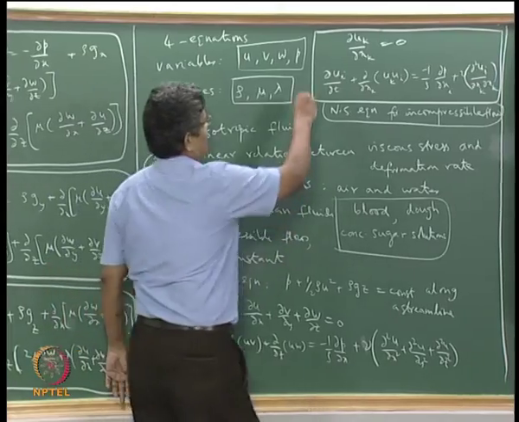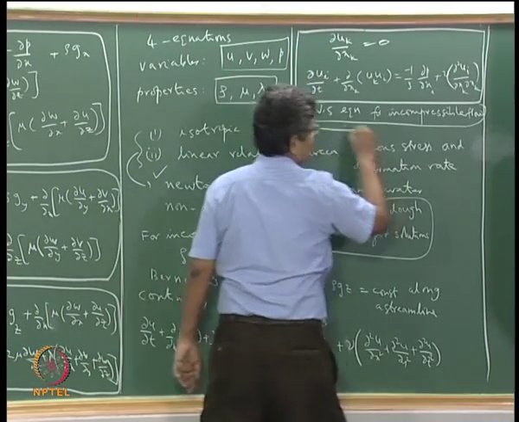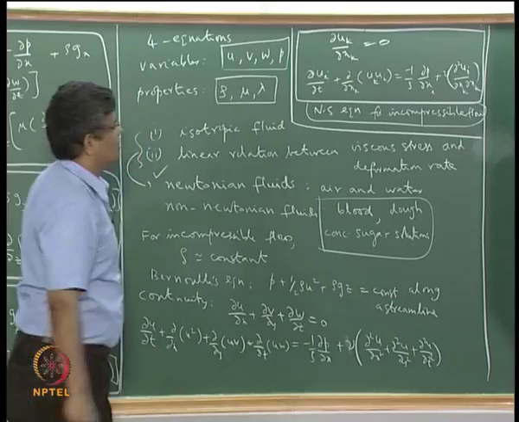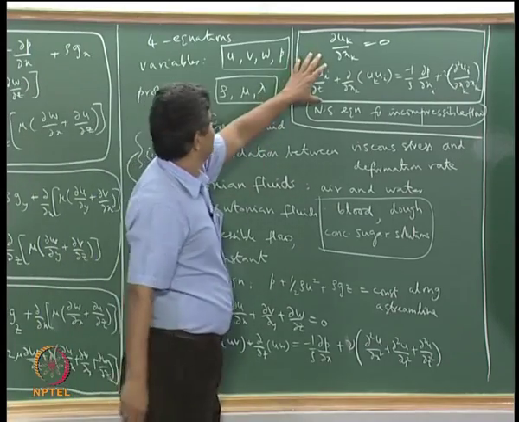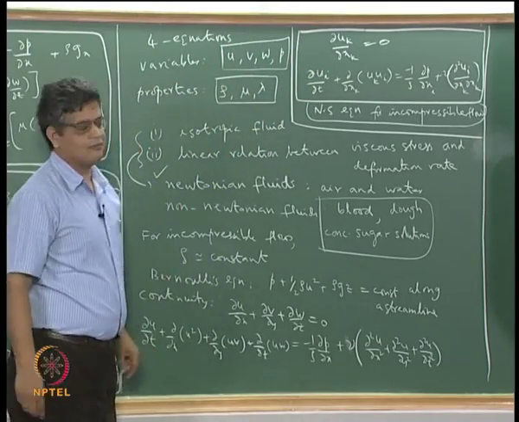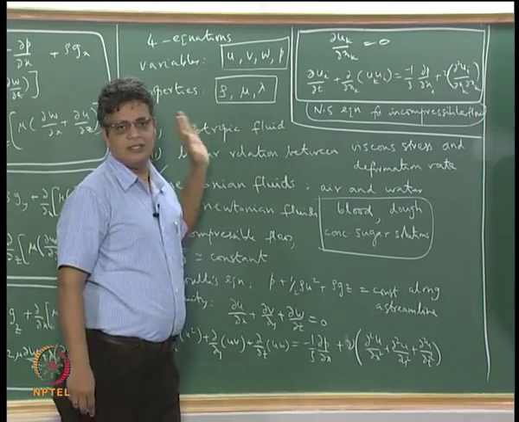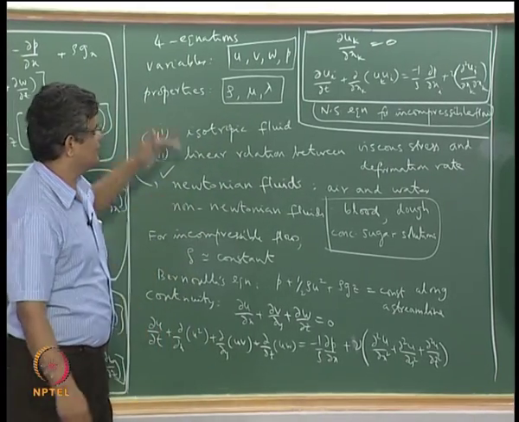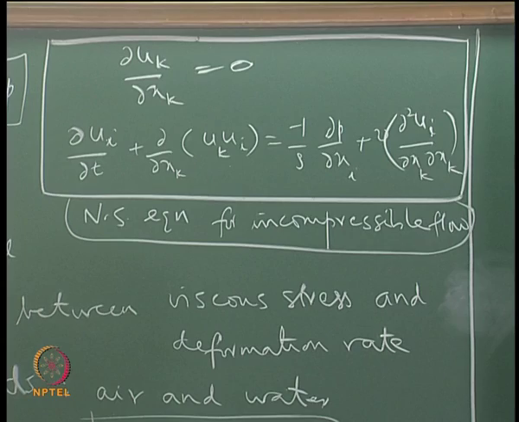So, in computational fluid dynamics, the objective is to solve these 4 equations for the 4 variables for a given flow domain and so on. Okay, so that is the objective.